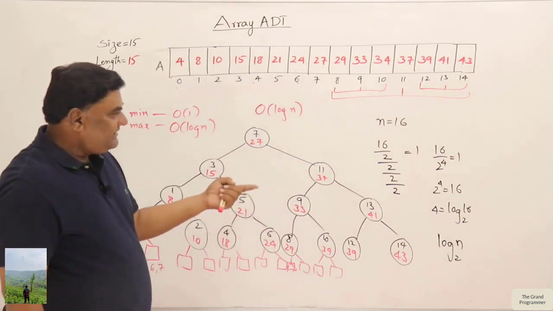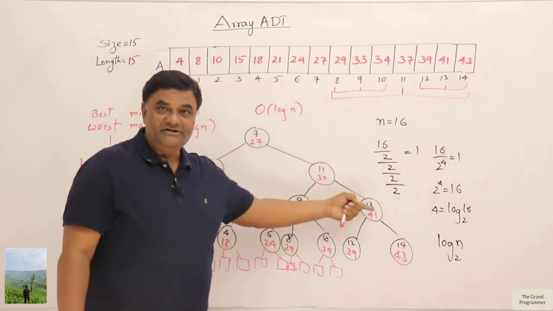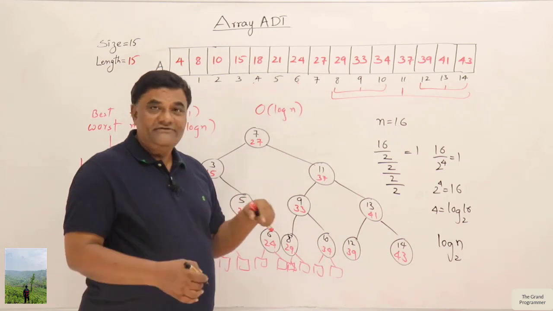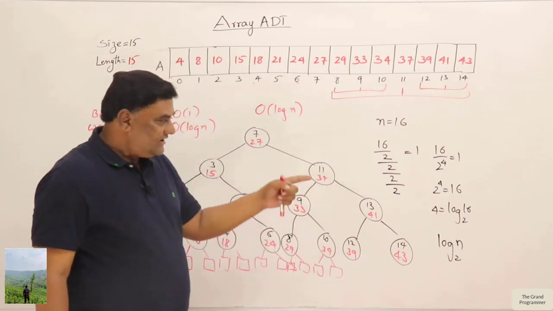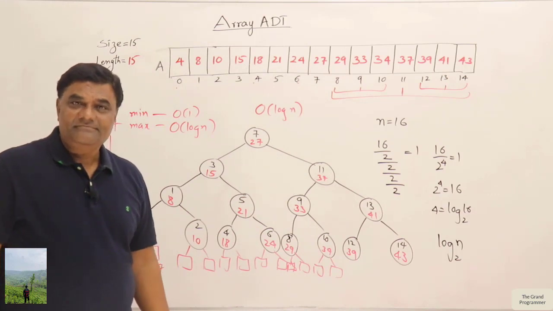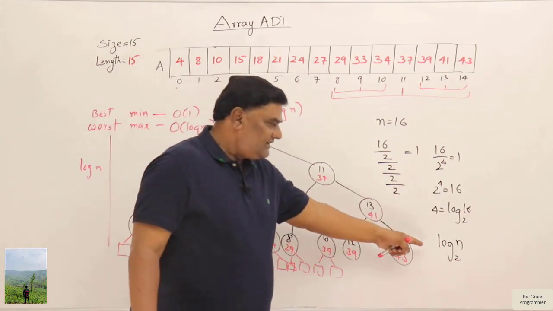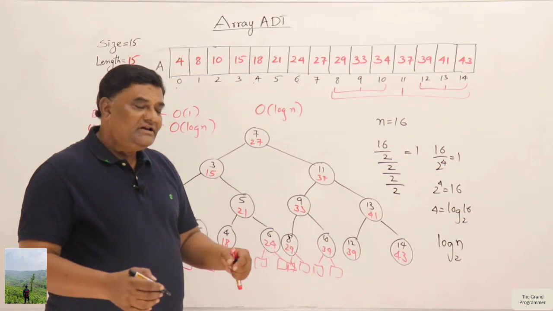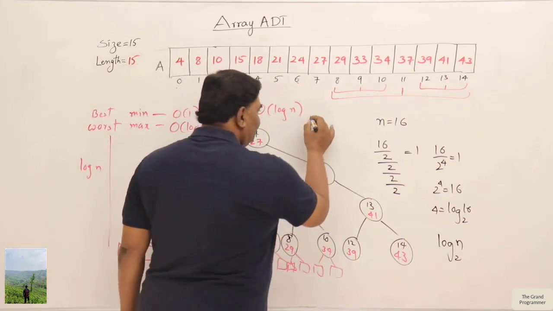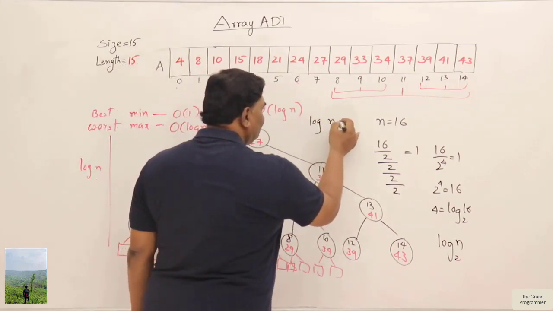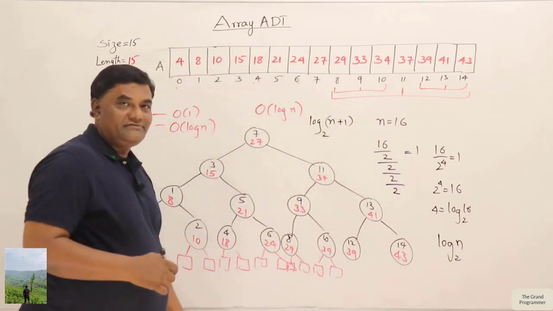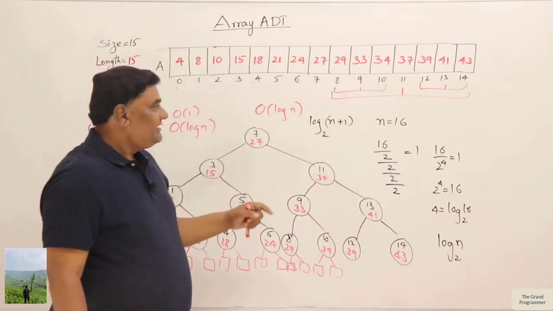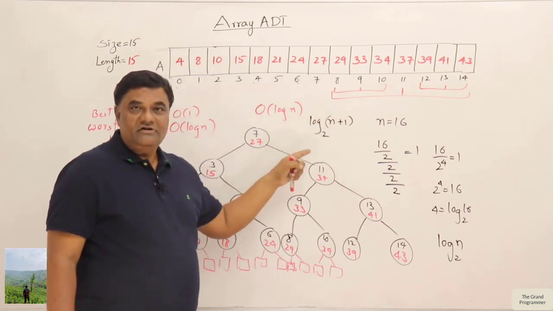When I have made it a power of 2, I can explain it here. Otherwise, 15 means 15 by 2, 7, so we will not get exactly powers of 2. So I have taken an example of 16. From 16 we can observe that it is log n base 2. So we can say that whatever the number of elements you have, n plus 1, then log base 2. The exact answer we got is this one: 15 elements were there, then you add 1 to get 16, so log base 2.